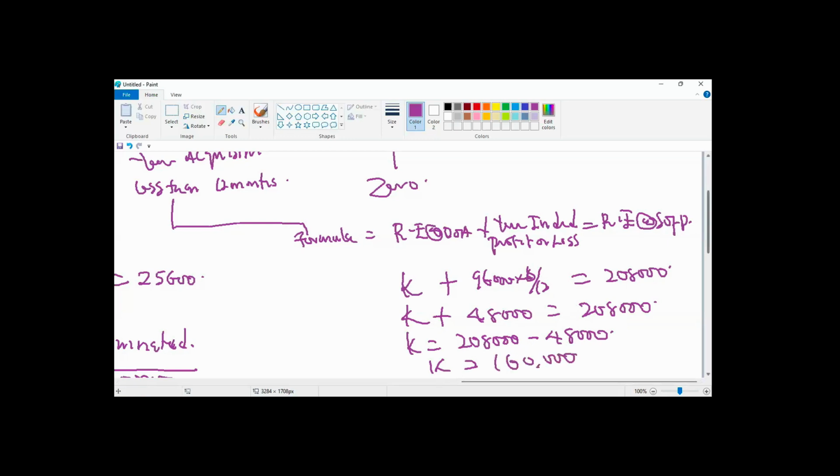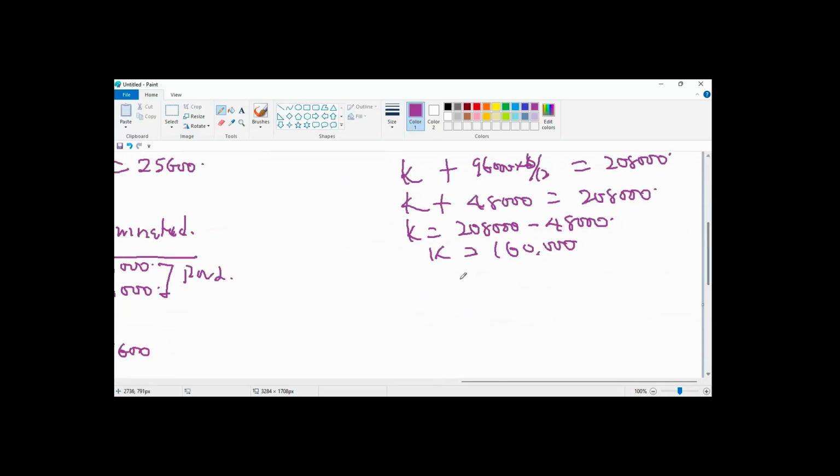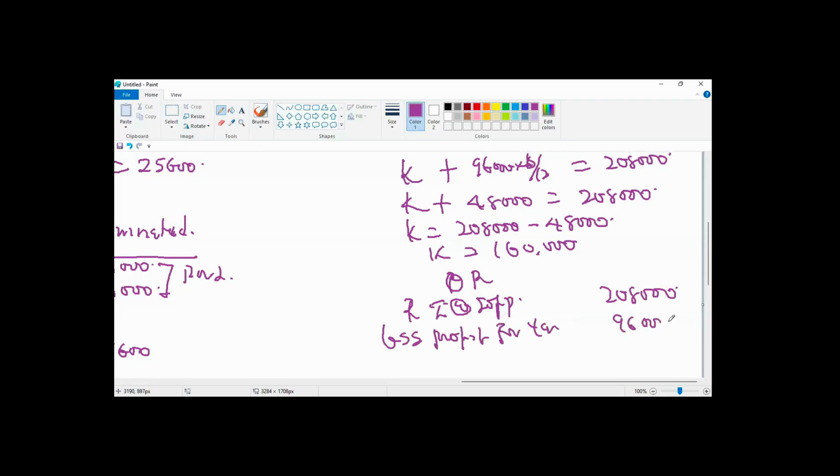Or alternatively, what is the retained earnings at SOFP? 208,000. I will now less the profit for the year, which is 96,000.